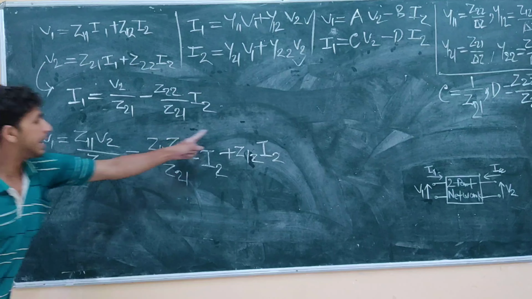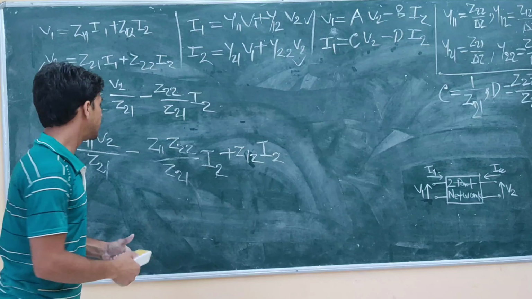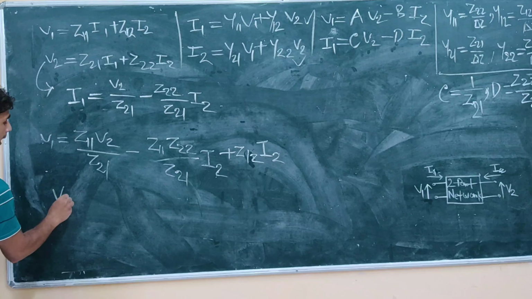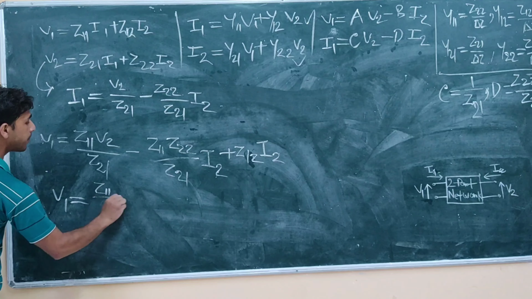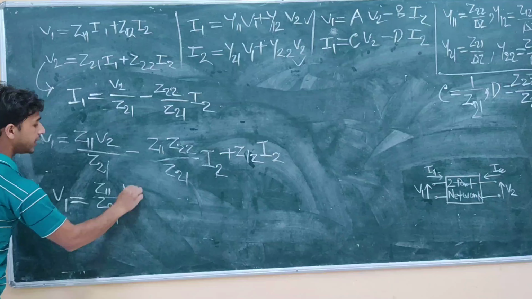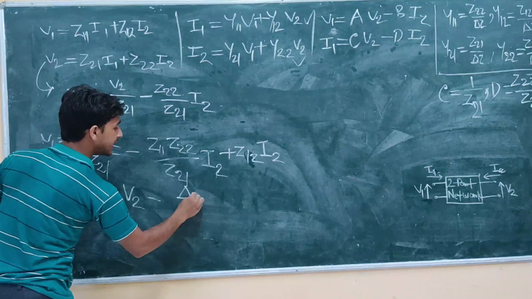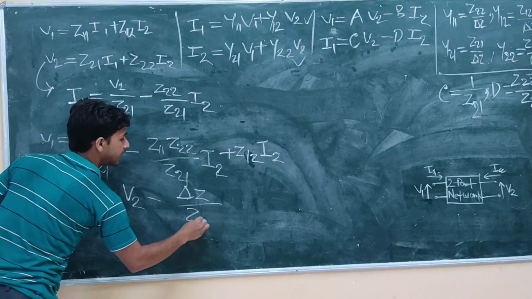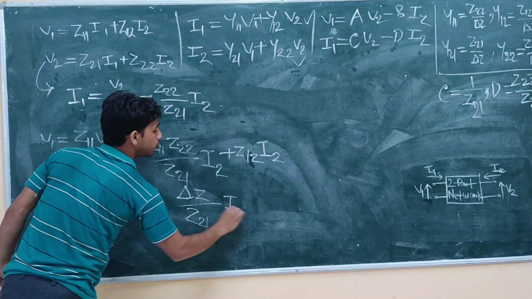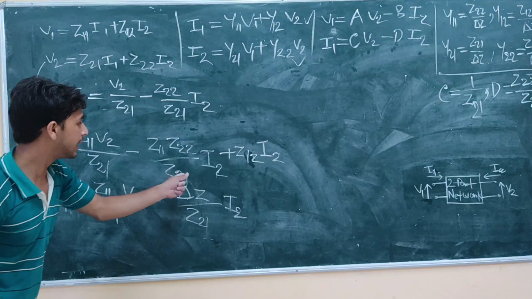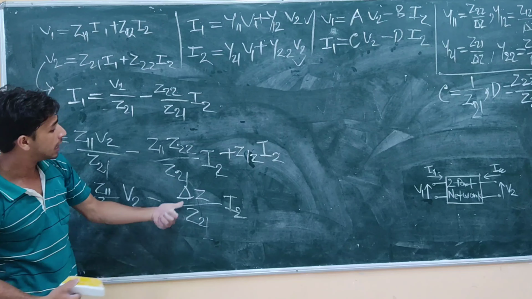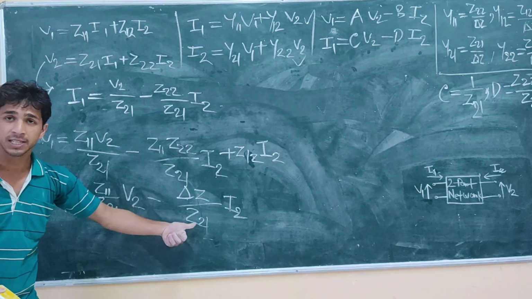Now doing the LCM and summation, you will get V1 equals Z11 by Z21 V2 minus delta Z by Z21 I2. So A equals Z11 by Z21 and B equals delta Z by Z21.